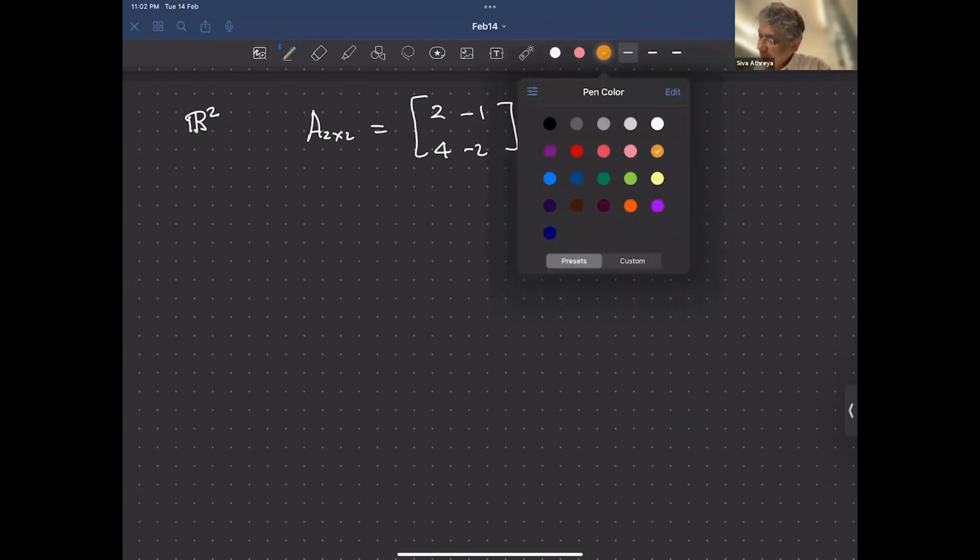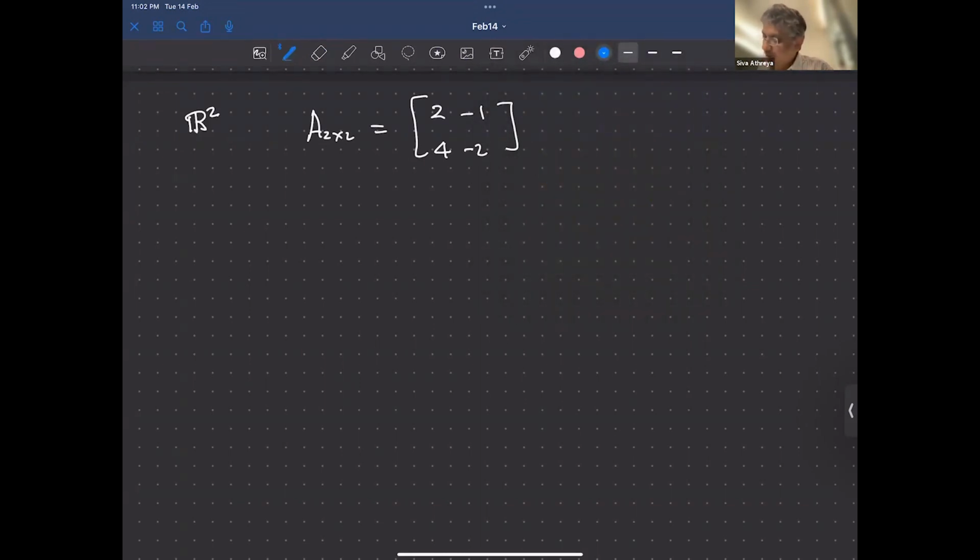Let me draw the axis in blue so that I have one axis kept separately. I need 4 colors. Let me call it row space, which I'll do in blue.